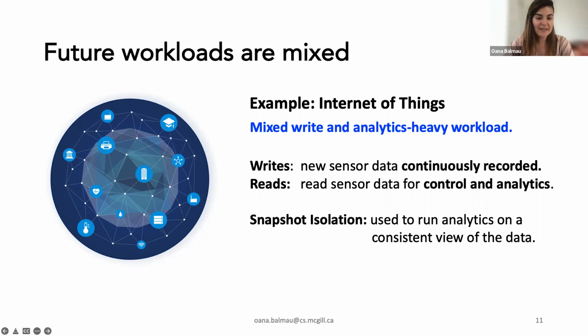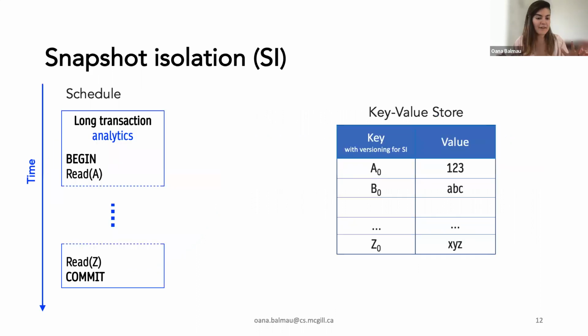This is typically done by using snapshot isolation, which runs analytics on a consistent view of the data. On a very high level, we can consider snapshot isolation working in this way. Here time goes from the top of the slide to the bottom, and we have a schedule that runs a long analytics transaction.